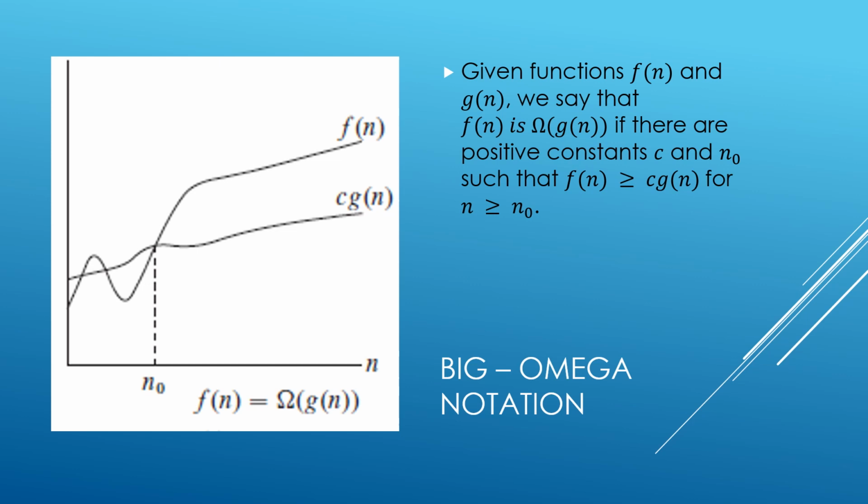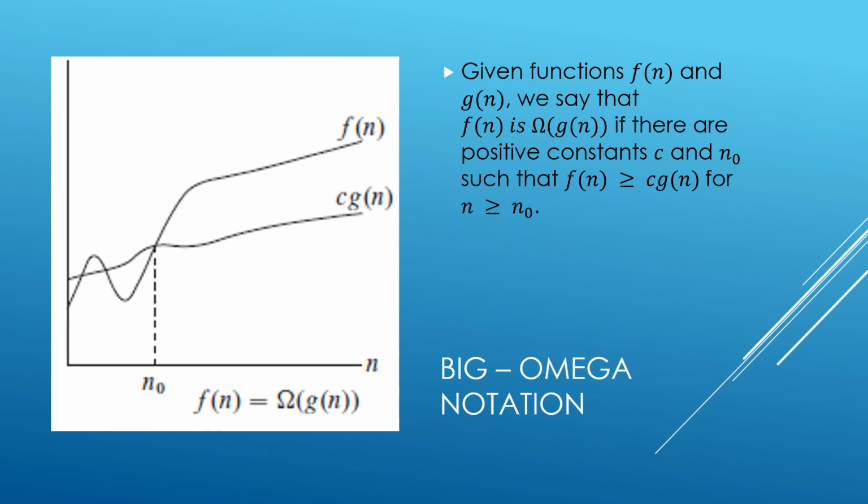When n is close to 0, f(n) is less than c g(n). Then it rises up. Then it falls down again. But n0 is a point beyond which, moving towards positive infinity, the value of f(n) is always greater than the value of c times g(n).